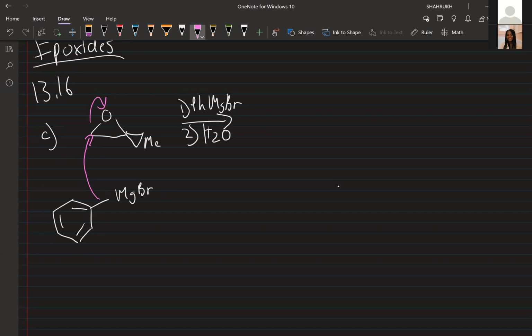So now we move forward, and you're going to get, let's try to draw this properly. Should be a methyl group, and this is going to be your phenyl group. Draw the ring if you want to, doesn't really matter. And then this will be O minus.